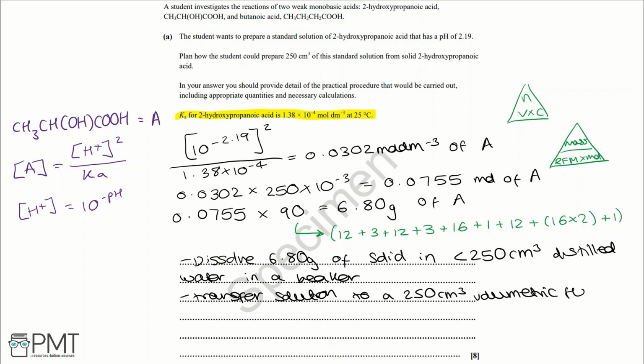And we need to ensure that the solution is all washed out of the beaker to make sure that all of the 6.80 grams of solid is washed out and is in our solution. Then the final step to make a standard solution is that you need to make up the 250 centimeter cubed mark with distilled water.